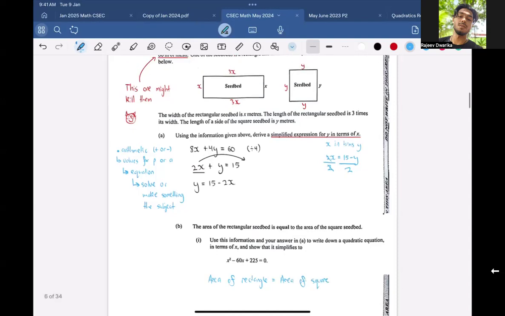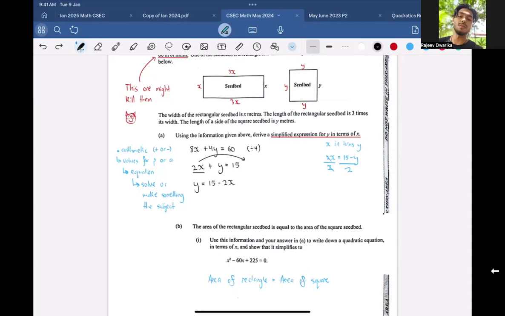Okay. What do you think I had to do next? It's very similar to the last question. 3x multiplied by x could be equal to y multiplied by y.